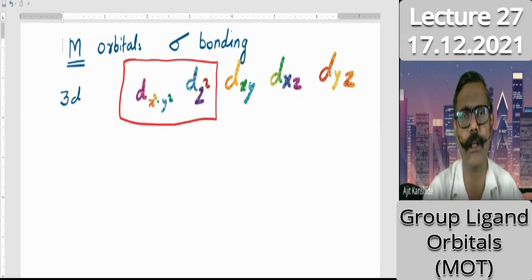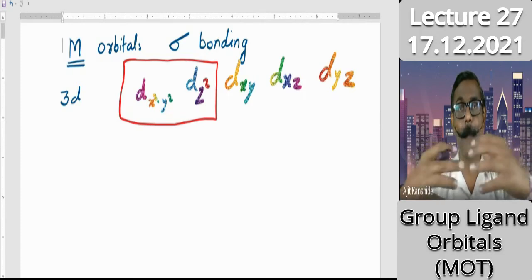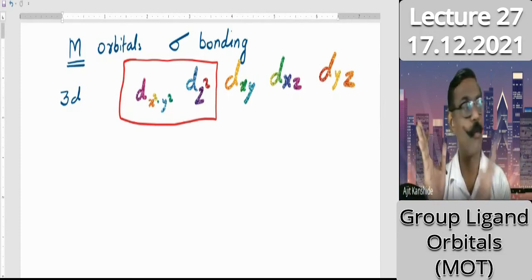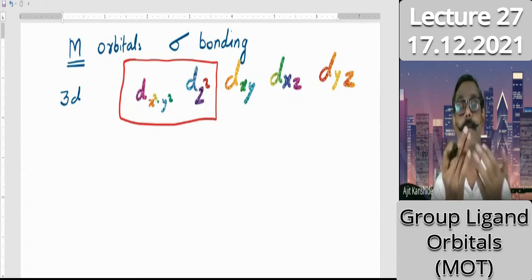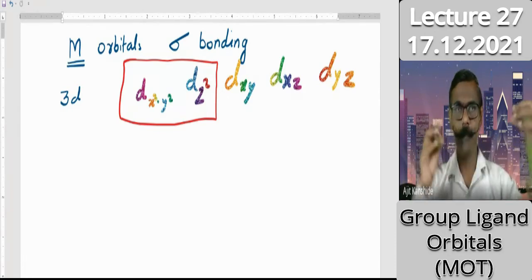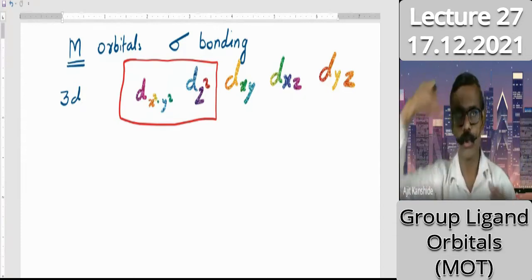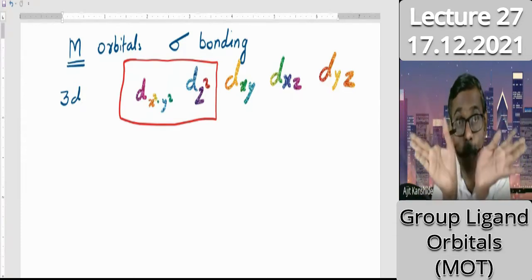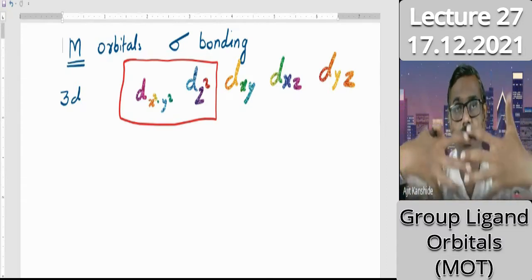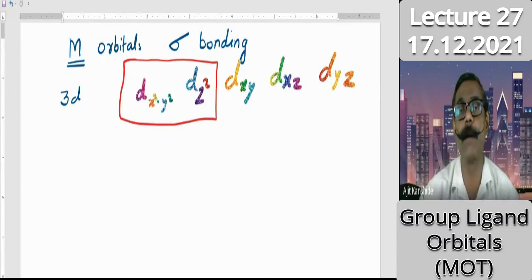These are axial. And our ligands are approaching along the axis. If I consider the x axis, the negative direction of x, the positive direction of y, the negative direction of y, upside is z, downside is z, and ligands are coming along the axis. So the orbitals or lobes which are along the axis will experience direct, head-on interaction. So sigma bonding will be there.